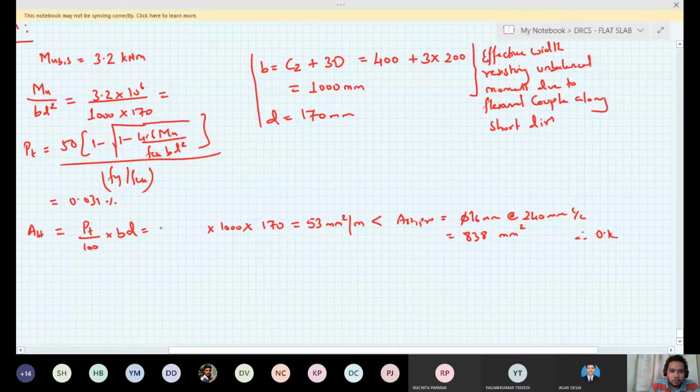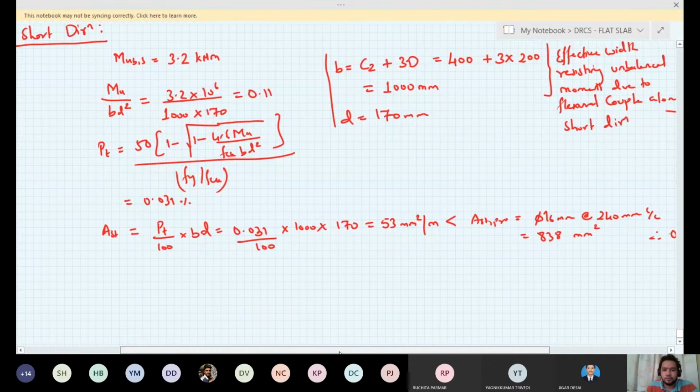Okay, this is your 0.031 divided by 100, 3.2 into 10 to the power 6 divided by 1000 into 170, that is 0.11. So just verify them.